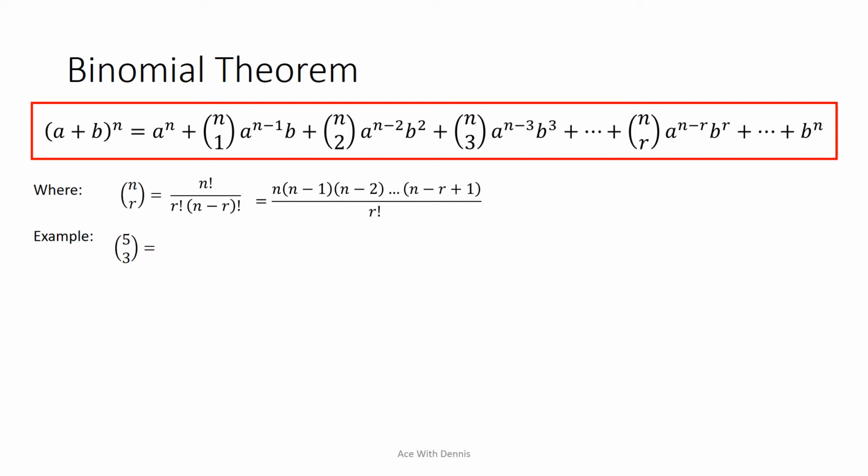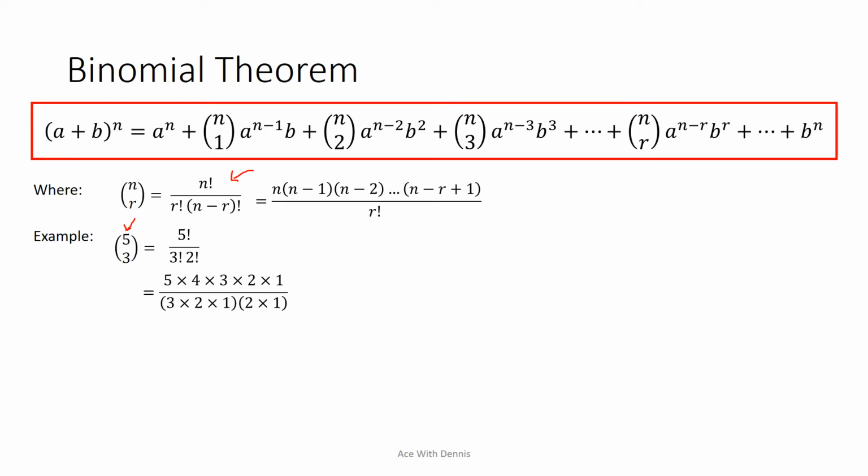The first example is 5 choose 3. Let's apply the first formula: n factorial over r factorial times n minus r factorial. For this case, n is 5, so it is 5 factorial, and r is 3, so 3 factorial, and n minus r is 2 factorial.